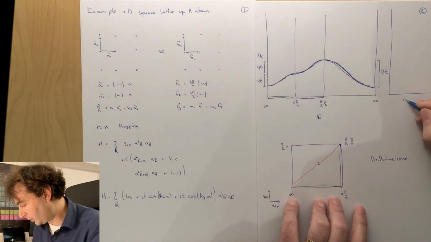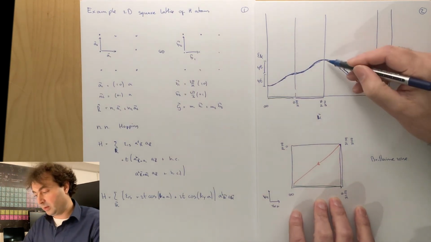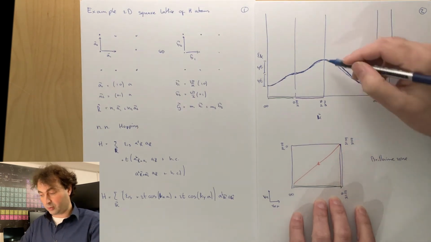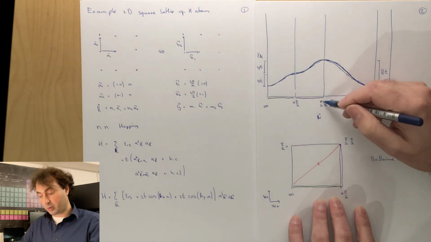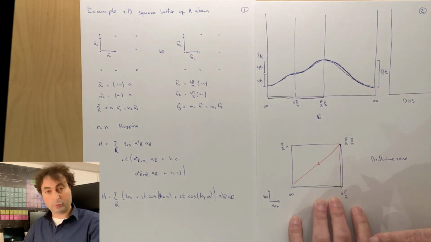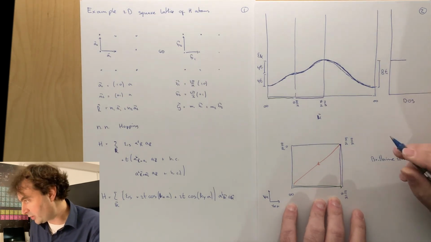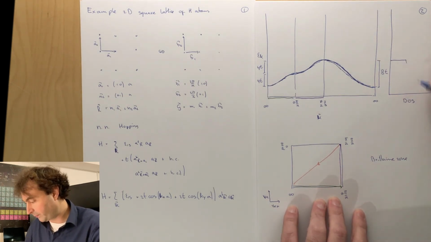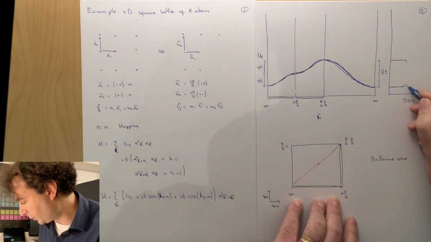We can also look at the densities of states. Now at the zone boundary, your dispersion is flat, but there is only one point π over a in the full Brillouin zone, so that intensity no longer diverges, but we do have a kink in the energy momentum dispersion.